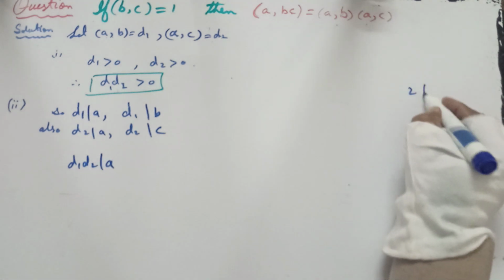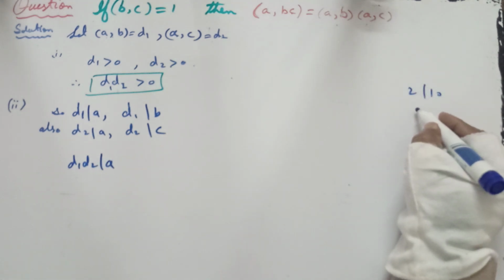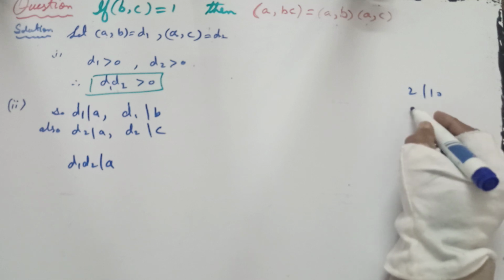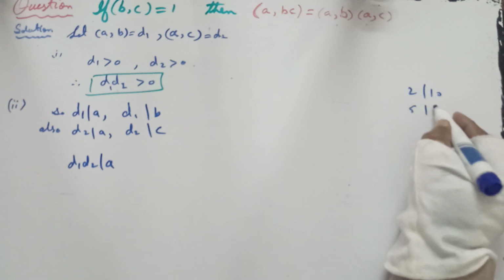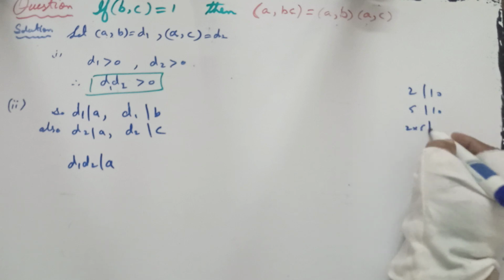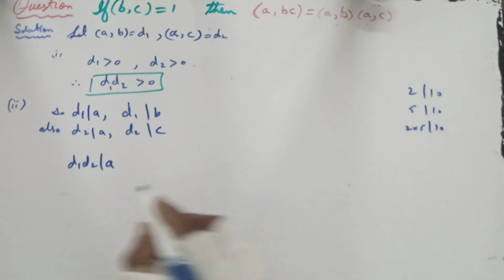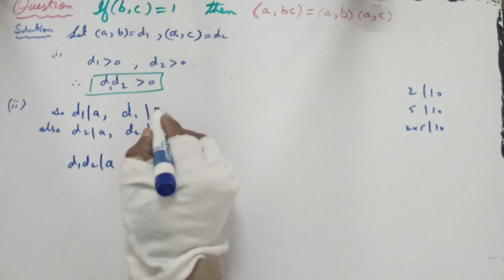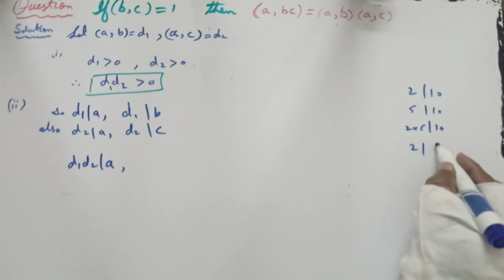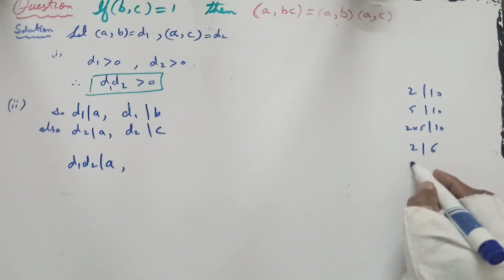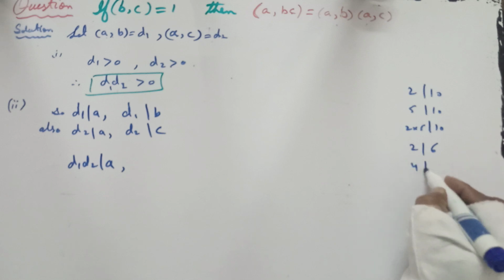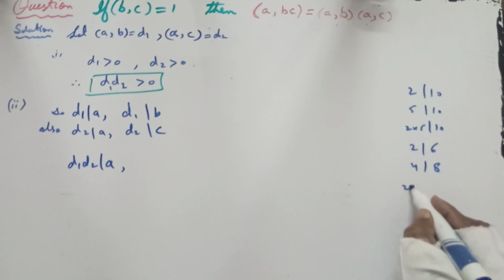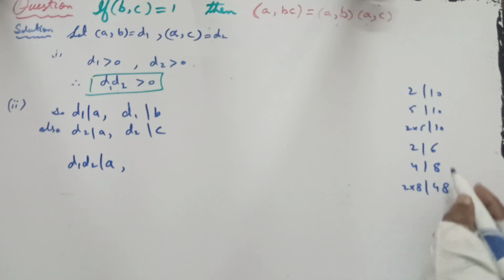For example, if 2 divides 10 and 5 divides 10, then their product must divide 10. Also, if 2 divides 6 and I take any other number, 4 divides 8, then their product 8 must divide their product 48.